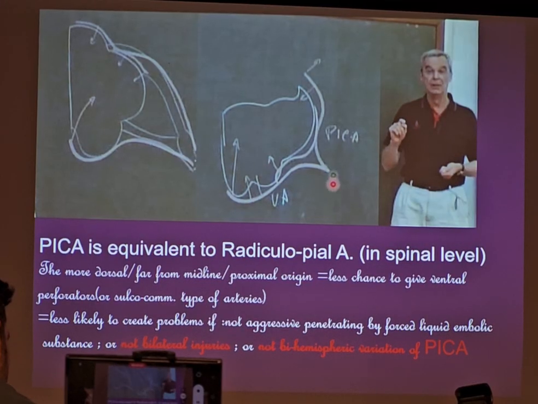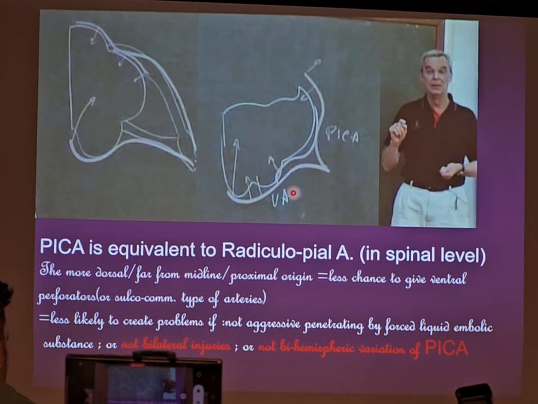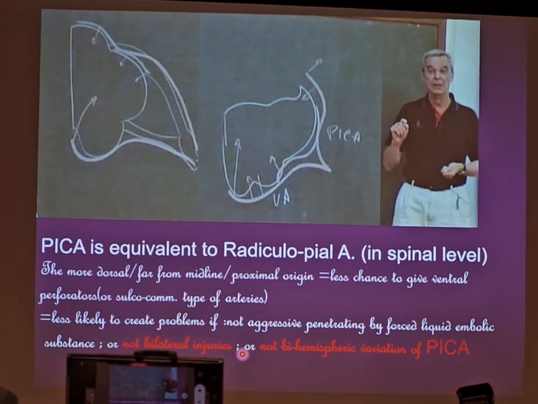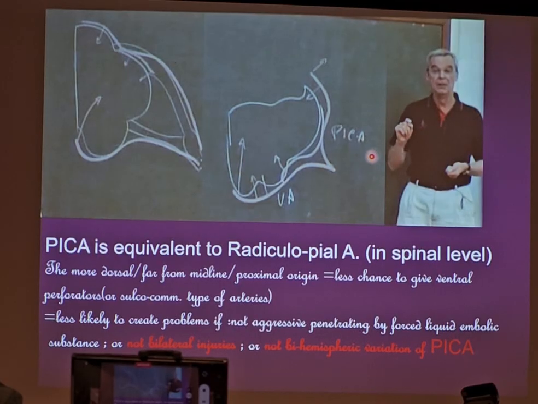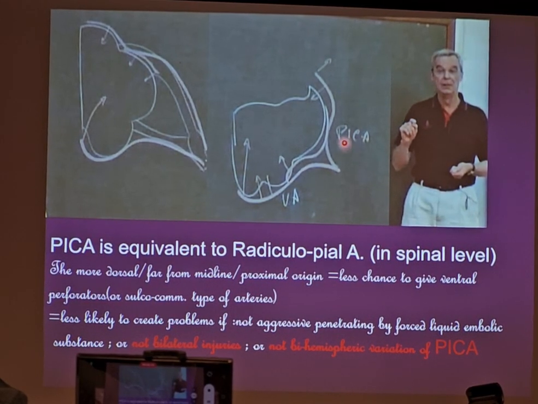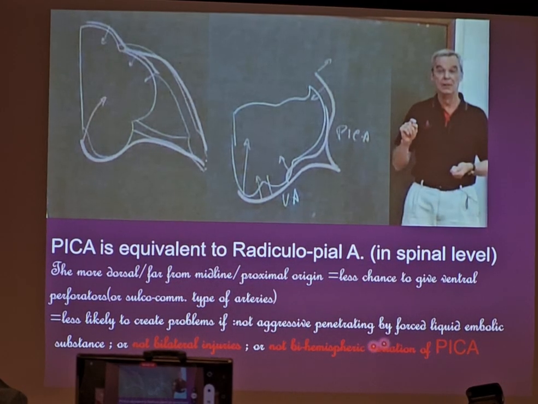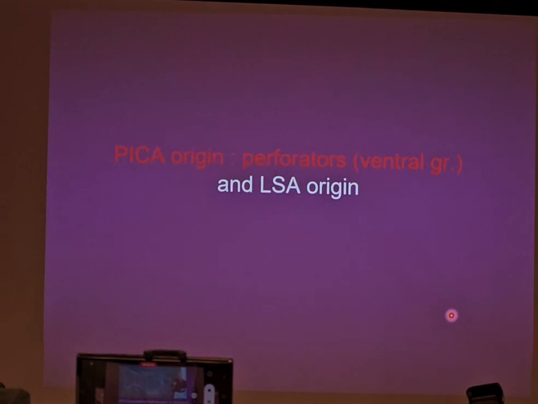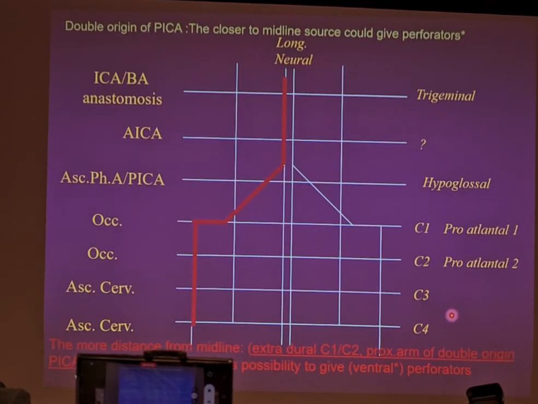So this easily explains that usually, if the origin of PICA is far away from the midline, it's relatively safe for the ventral perforators, unless it unfortunately becomes hemorrhagic or you do very aggressive embolization. So let's start to see.